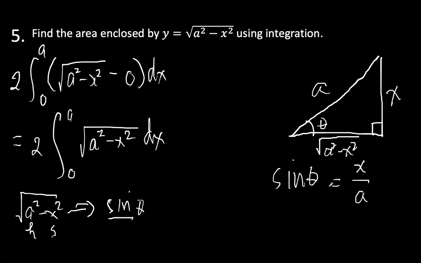So sine theta is equal to x over a, and we already identified where to put x, a, and the other side, the square root of a squared minus x squared. So let's solve for x. x is equal to a sine theta. So we already found x in terms of the trigonometric function sine.